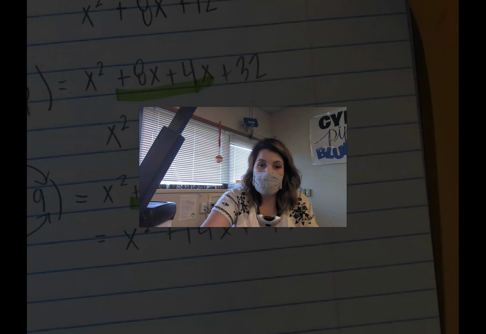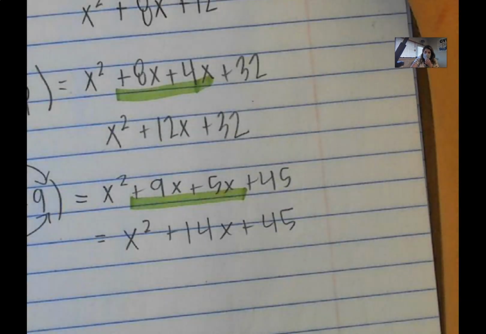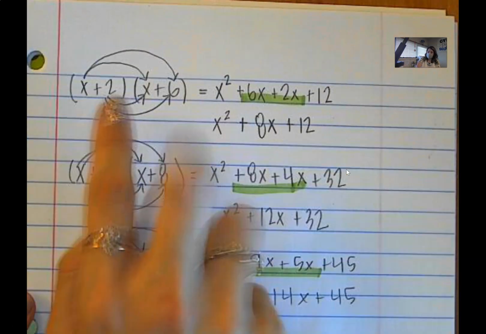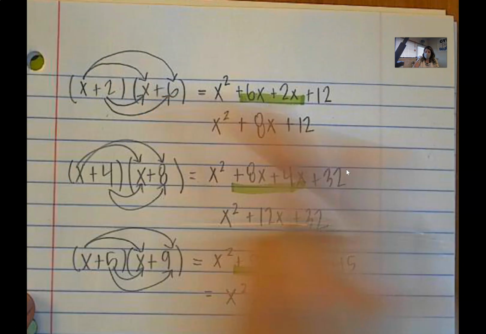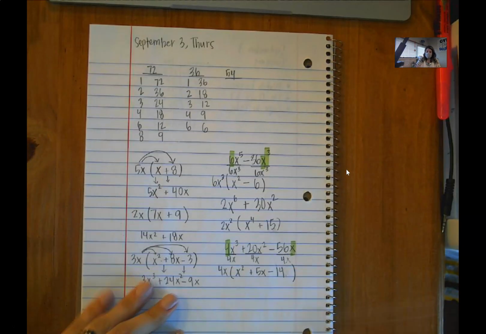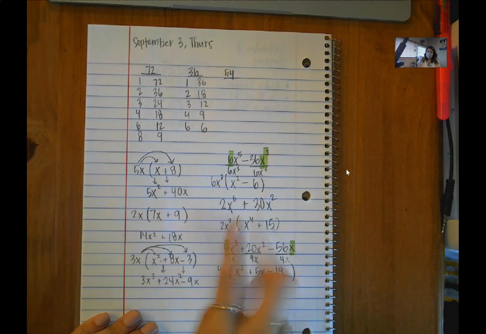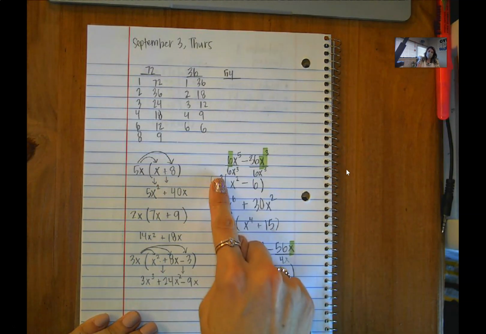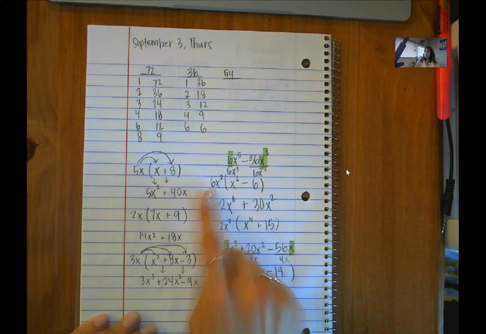So what we're talking about is double distributing. We just talked about how you can multiply these two binomials together and they make this trinomial. So just like we talked about here, where these two are opposites, if we multiply a number in, we can also take a number out or factor it out.